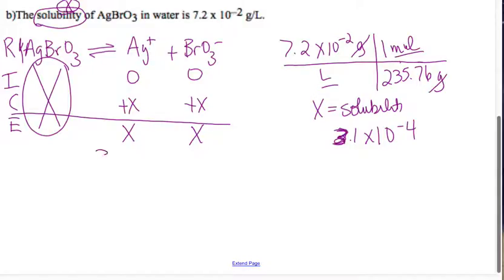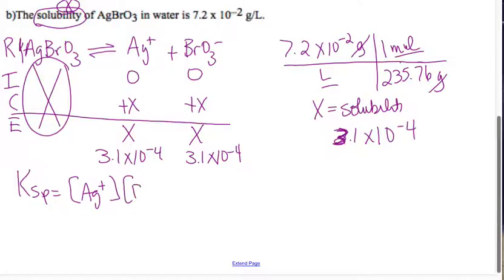So 3.1 times 10 to the negative 4 here, 3.1 times 10 to the negative 4 there. So now we just do our expression, Ag plus times BrO3 minus. That's going to be equal to 3.1 times 10 to the negative 4th times that, again, meaning square it.